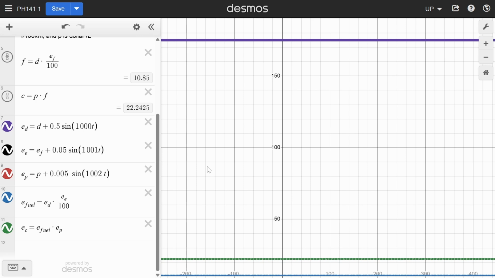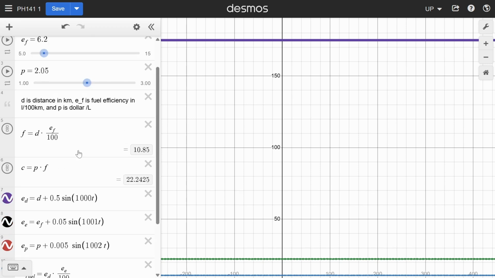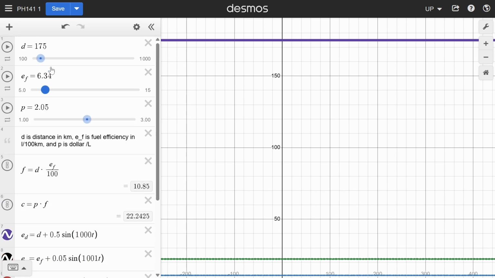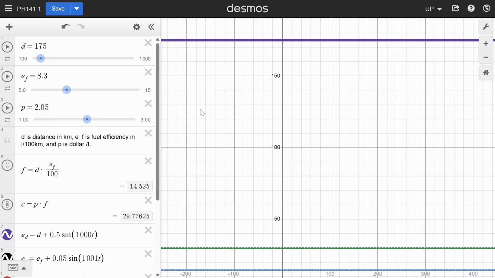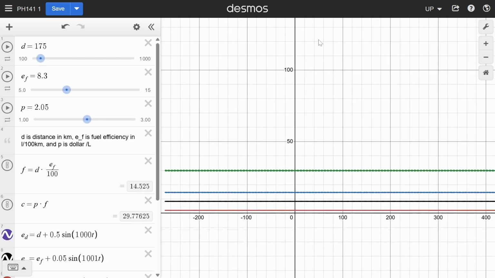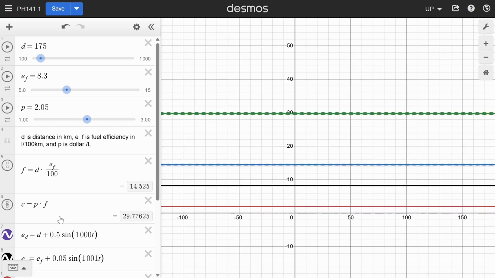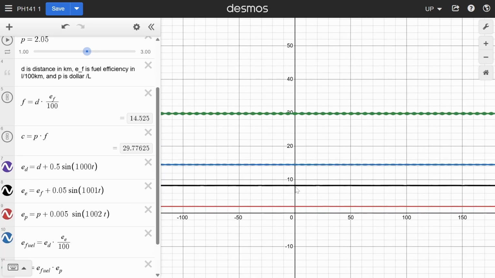And for the efficiency, we want to focus on two significant figures. As you can see here, about 6.2, 8.3, and so on. And you can see that the black line here has a certain thickness but not as thick compared to the distance.